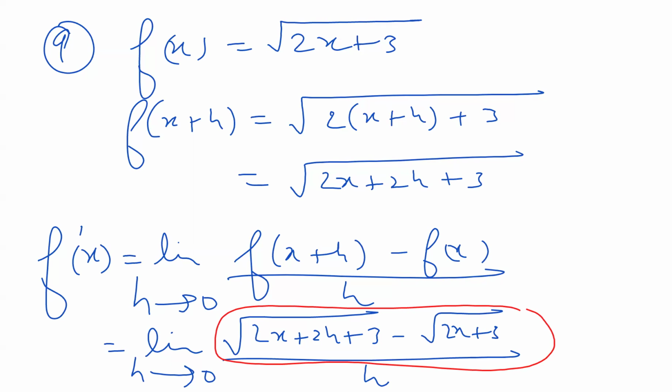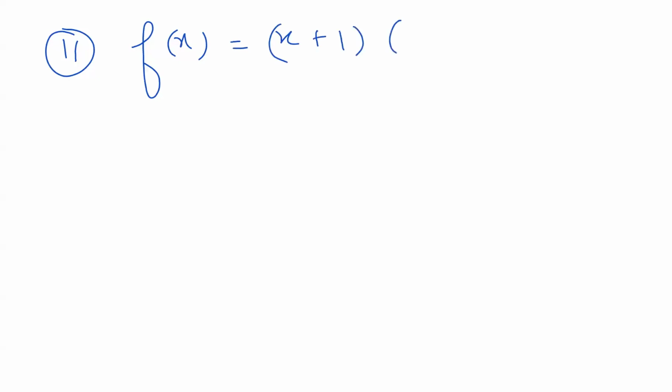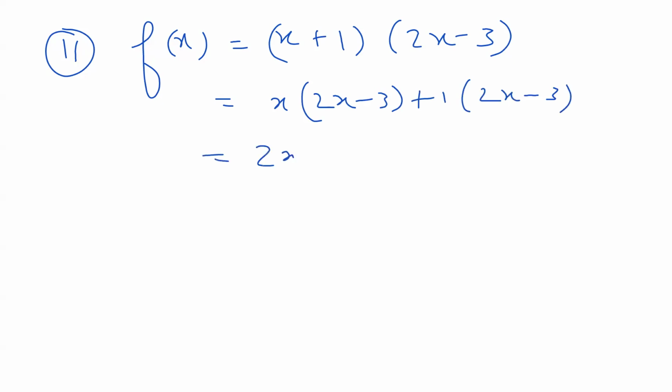Okay, now let us go to question number 11. Fine. So f of x is equal to x plus 1 into 2x minus 3. Let's multiply these terms. 2x square minus 3x plus, so 2x square minus x minus 3.